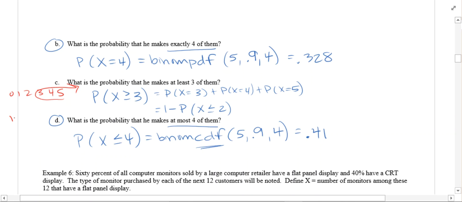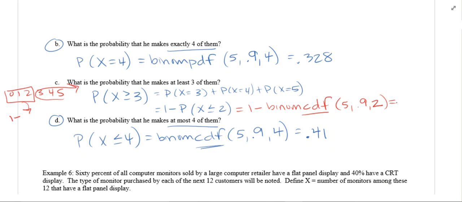That means I need to subtract 0, 1, and 2 from 1. So that's where this comes from: 1 minus probability x is less than or equal to 2. So here I'm going to do 1 minus binomial CDF, cumulative, 5, 0.9, and I want it to go up to 2. The CDF is going to do the 0, 1, 2, then subtract that from 1. So go in our calculators, 1 minus binomial CDF, 5, 0.9, and then 2.